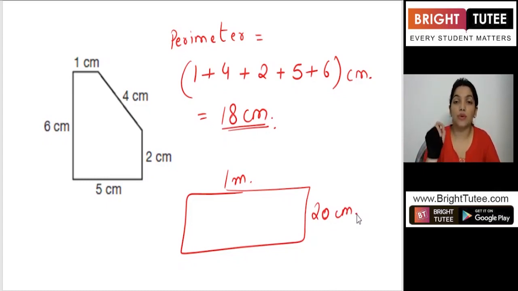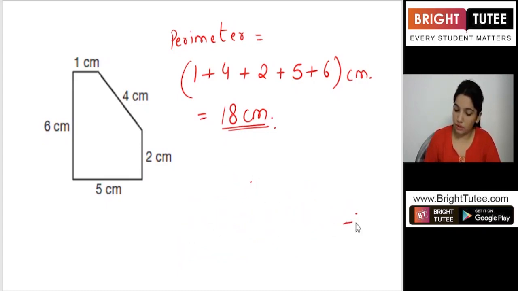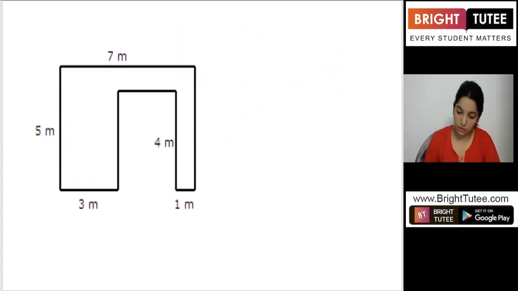I cannot just find the answer as 1 plus 20 plus 1 plus 20. This is absolutely wrong. Why? Because one of the units is meters and the other one is centimeters. So either I convert everything into meters or I convert everything into centimeters. So this needs to be very clear that every time you're solving any question, make sure that all the units are the same.